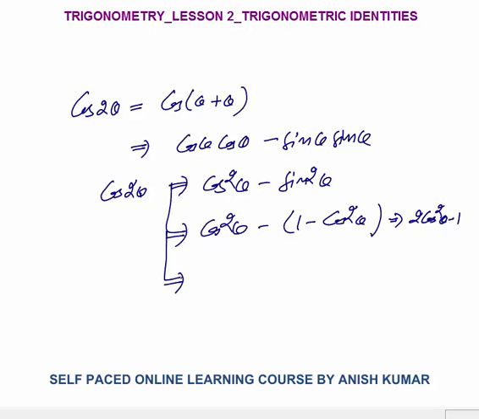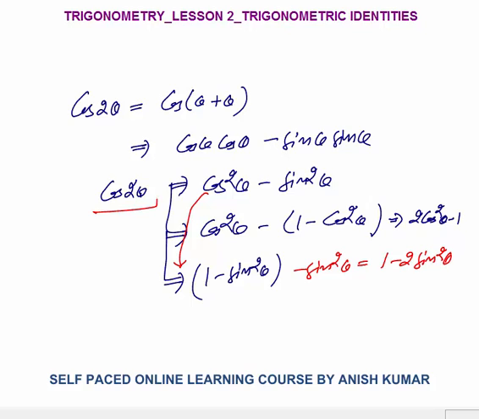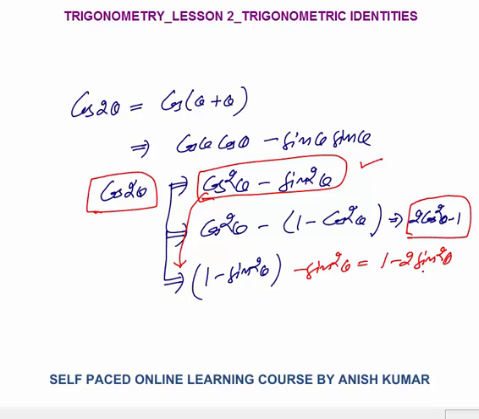Same way, put cos square theta equal to 1 minus sin square theta, and minus sin square theta was already there. So this becomes 1 minus 2 sin square theta. They all are related to cos 2 theta. So cos 2 theta is equal to cos square theta minus sin square theta, 2 cos square theta minus 1, or 1 minus 2 sin square theta. All of these you can easily derive.